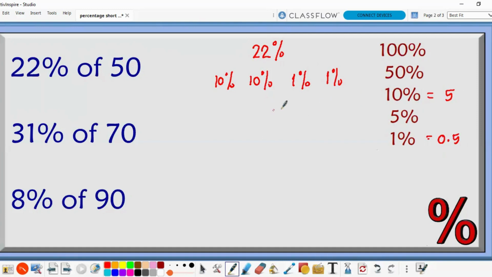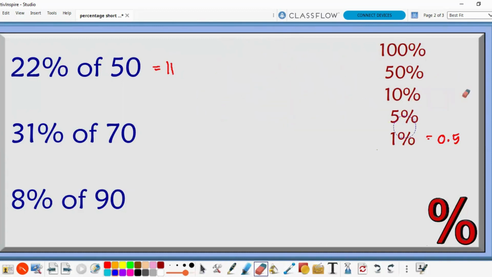We will just add, since we have 2 tens here, so that will become 5 times 2, or 5 plus 5. And we have 1% is 0.5 plus 0.5. So let's add this. That will now become 11. So 22% of 50 is equal to 11.